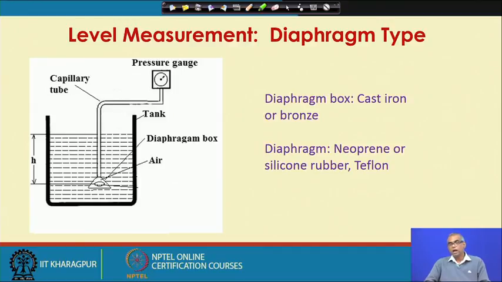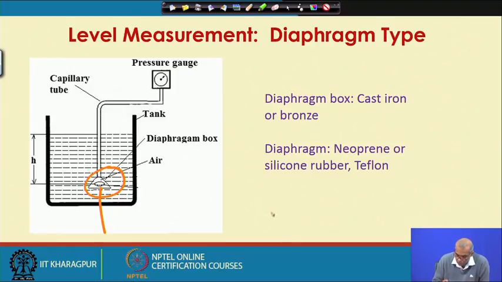Now, let us talk about diaphragm type level measurement. So, what you see in this schematic is a diaphragm in a diaphragm box.